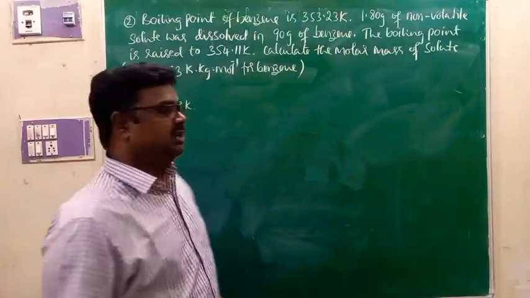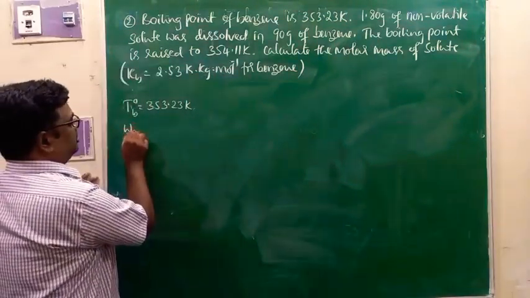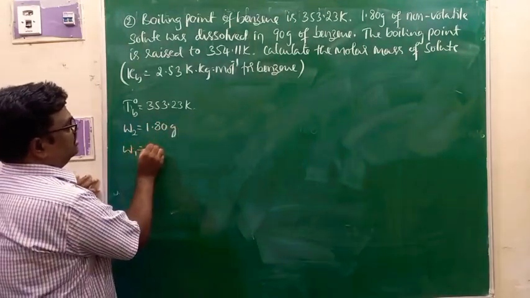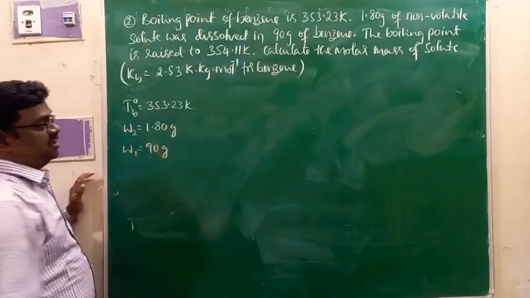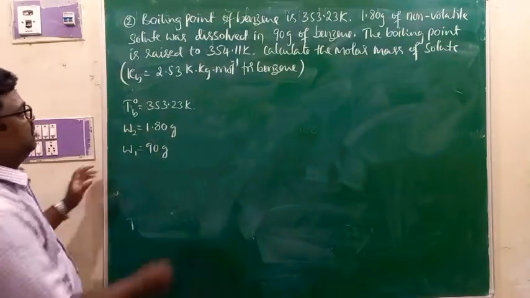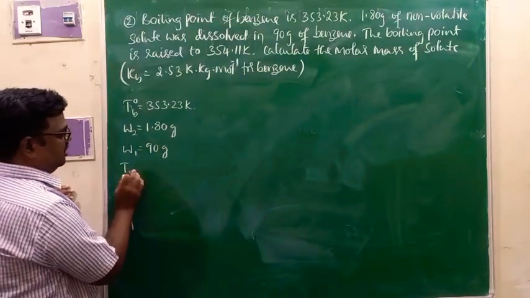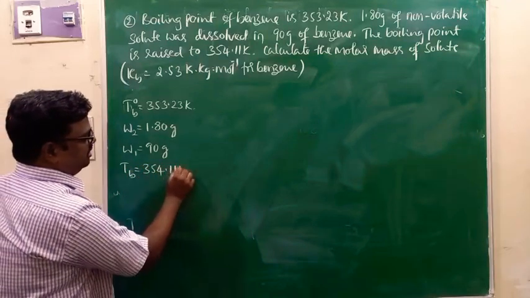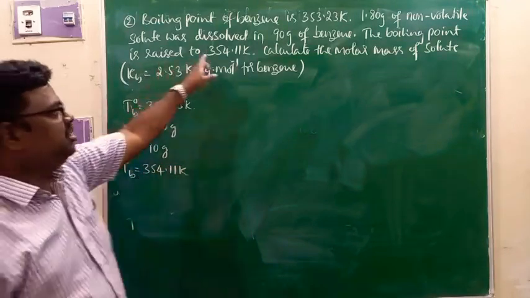That is, the mass of solute is 1.80 grams, dissolved in 90 grams of benzene, the mass of solvent. The boiling point is raised to 354.11 kelvins, this is the boiling point of solution TB.